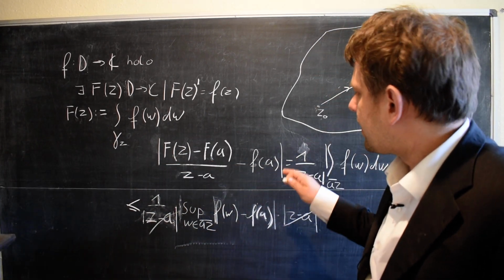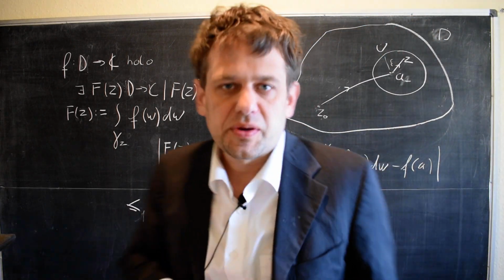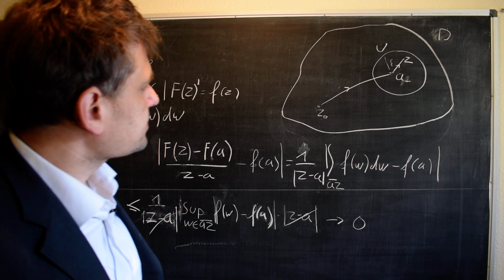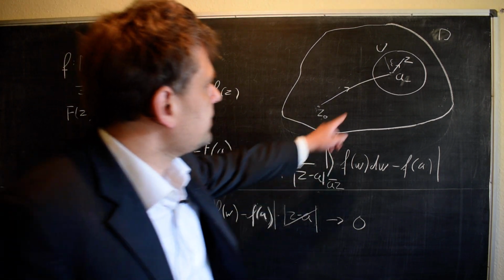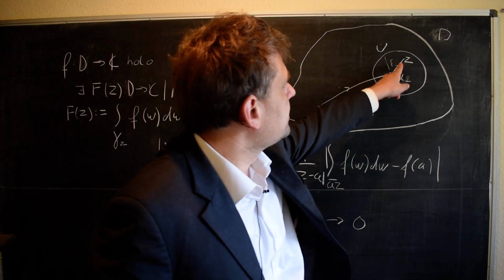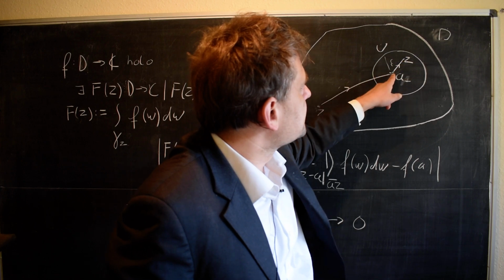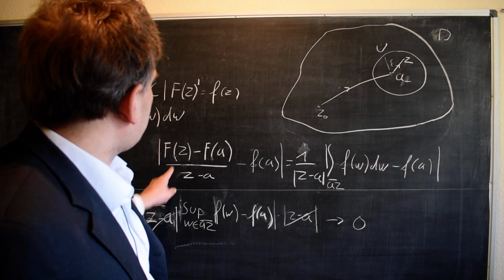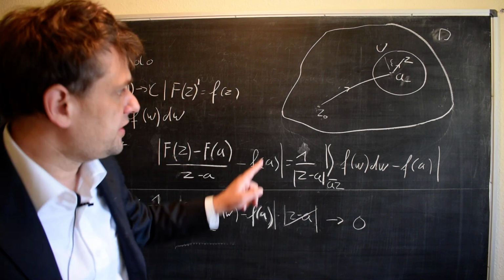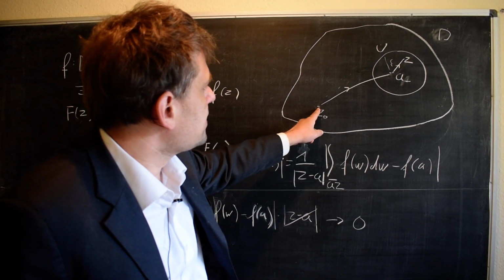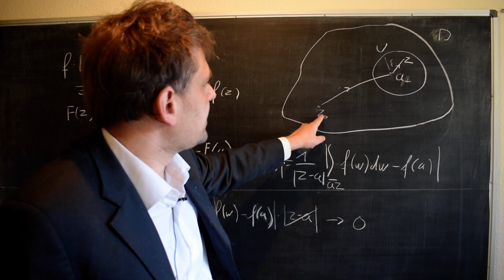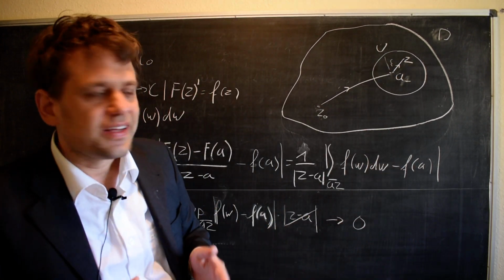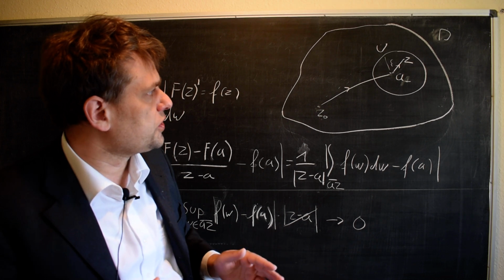Now we can say this is the same as the integral along this line from a to z, because F of z is by definition the integral from z0 to z, and as I've told you a minute ago, it doesn't matter which way you choose.